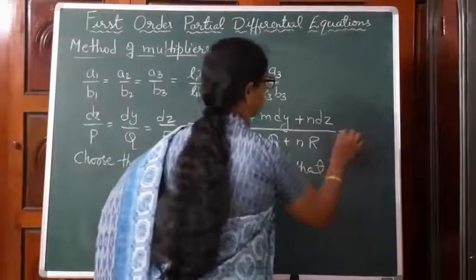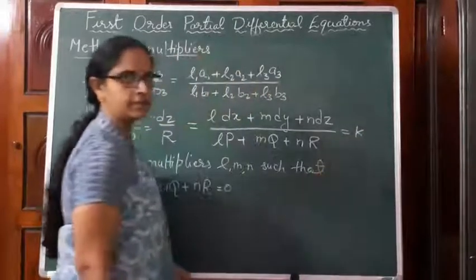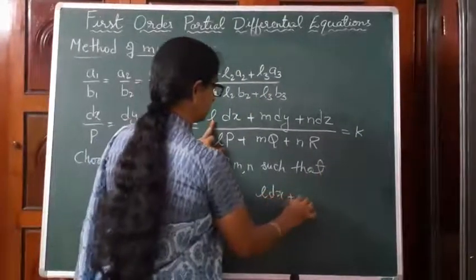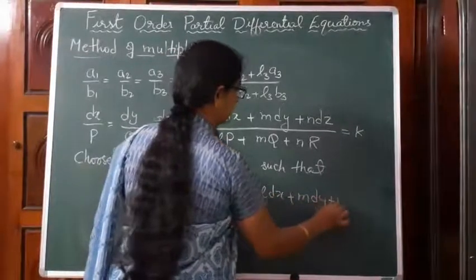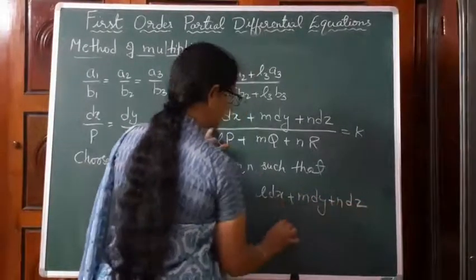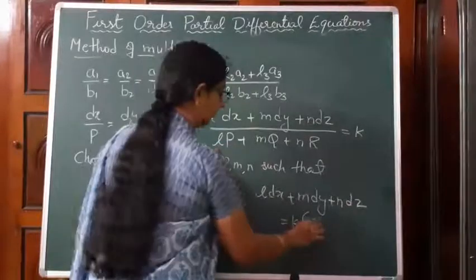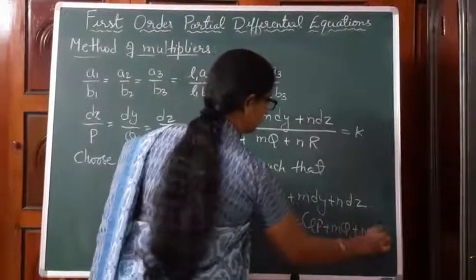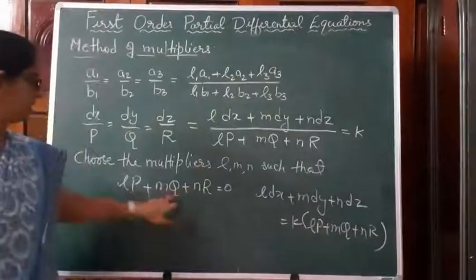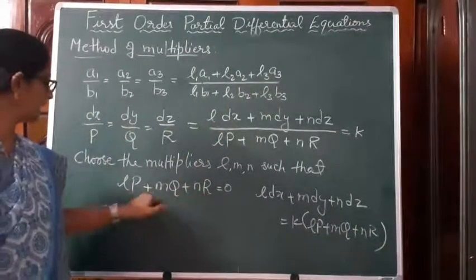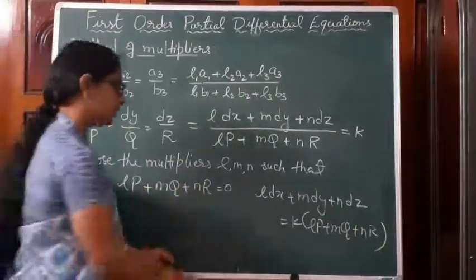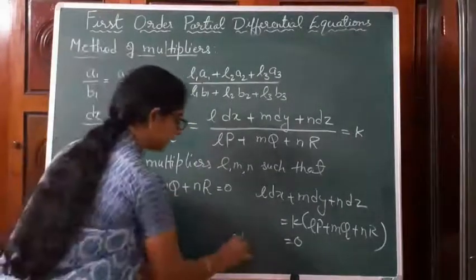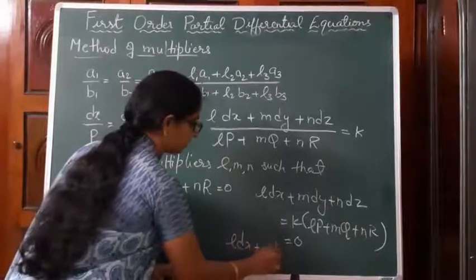Say the value of this ratio is equal to k. Then we get l dx + m dy + n dz = k (l P + m Q + n R). But what is the value of l P + m Q + n R? We are choosing l, m, n such that this value is equal to 0. So we get l dx + m dy + n dz = 0.